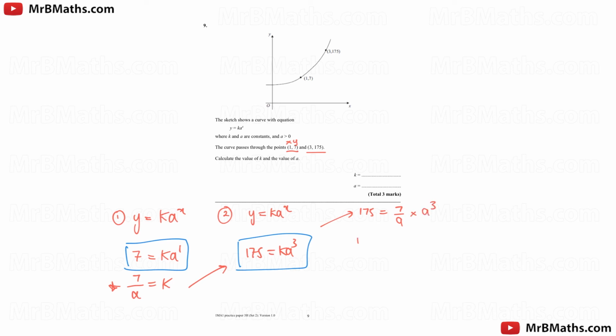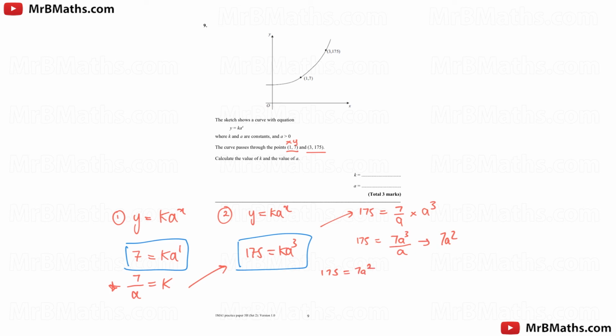Then we'd have 175 equals 7a to the 3 over a. And then of course these two would cancel out, so that would make this 7a squared. So then we'd have 175 equals 7a squared.